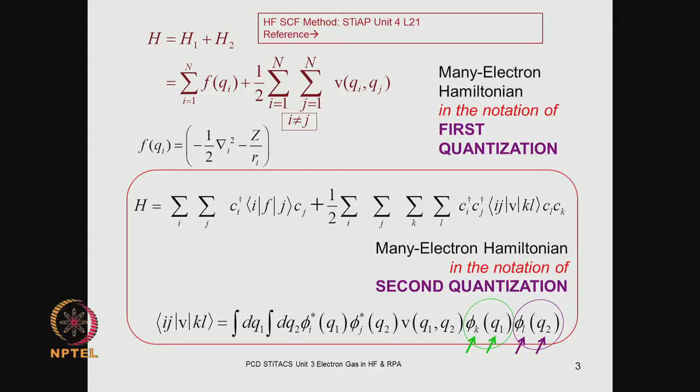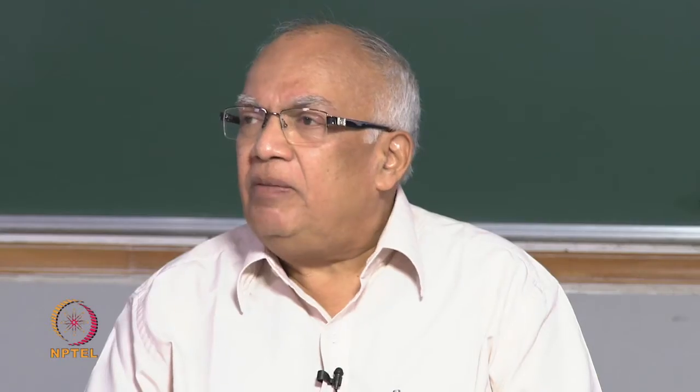Now, mind you, if you look at these arrows, Q1 and Q2 are the integration variables, and typically we always consider the integration variables to be dummy variables. So, it does not matter whether you write the integration variable as Q1 or zeta 1 or x1 or y1 or whatever. Nevertheless, it is important to keep track of which variable is associated with which quantum state.